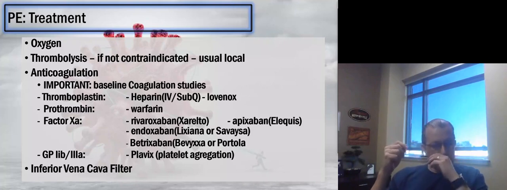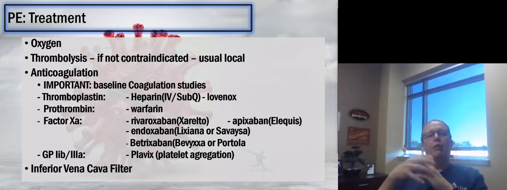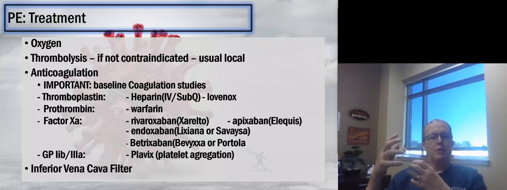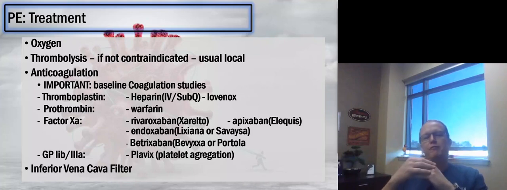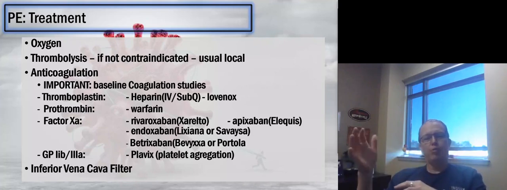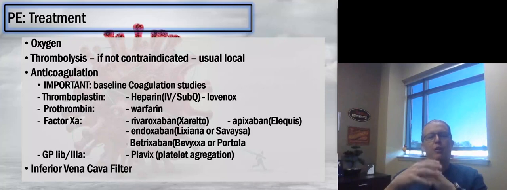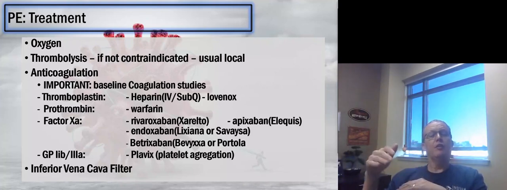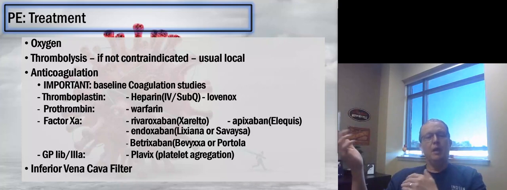Now, what we've just discussed requires a degree of extra work and effort and monitoring on the part of both the provider and the patient. So heparin and Lovenox and warfarin all require diligence on the parts of the parties involved because of concerns about bleeding risk.